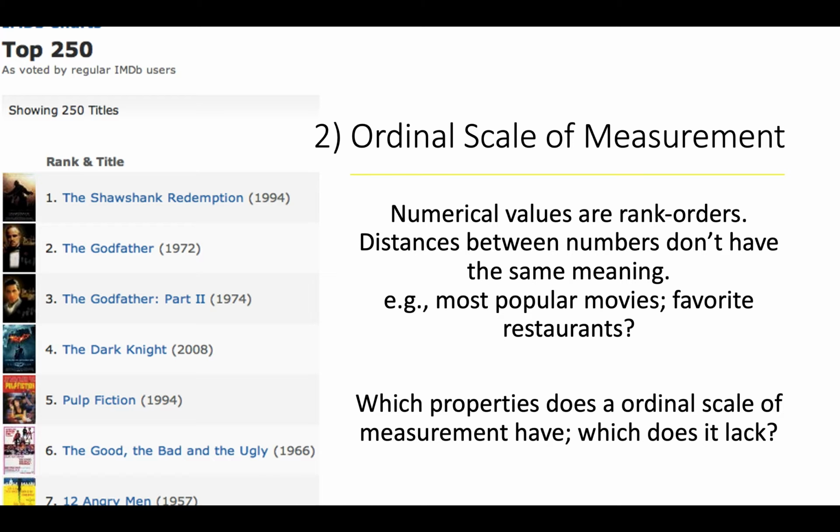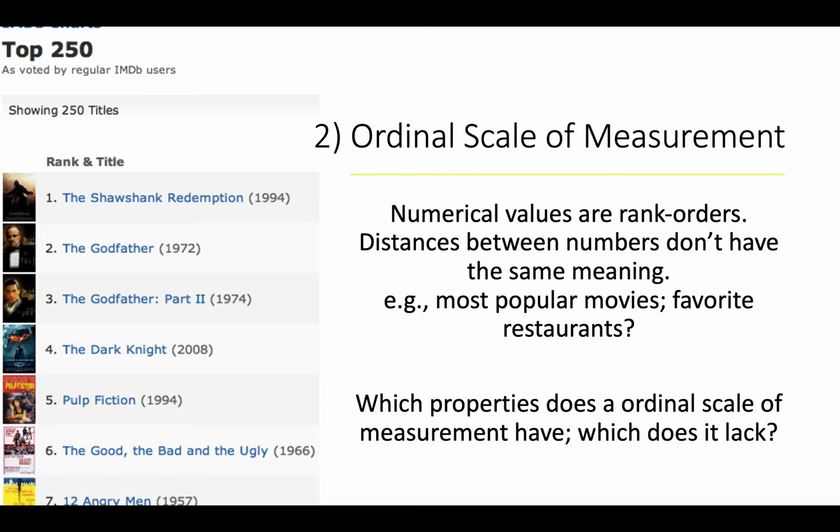Now the second scale of measurement is the ordinal scale. The ordinal scale is pretty straightforward. The values are rank order. The distances between the numbers don't have the same meaning, right? So let's look at our favorite movies as an example. But we could also do this with top scoring basketball players or best-selling groups, right? Just because these things are in order doesn't necessarily mean that there's equal unit size between them.